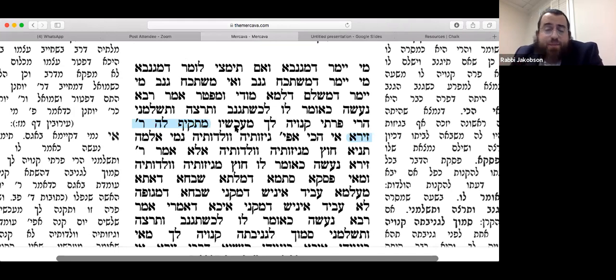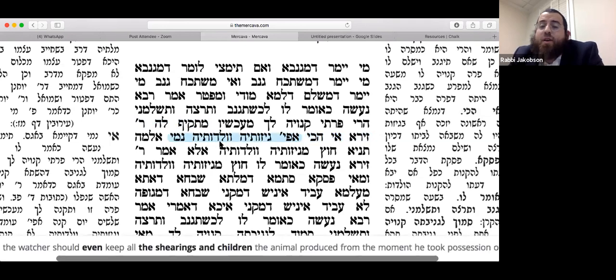Maskivla Reb Zera. Reb Zera challenges this. He's challenging this notion that the cow becomes mine, the watchman's, on October 1st. Ihachi, if so, that the cow is the watchman's, afilu gezusa velo de sehanami, even its offsprings and its shearings should also go to the watchman.